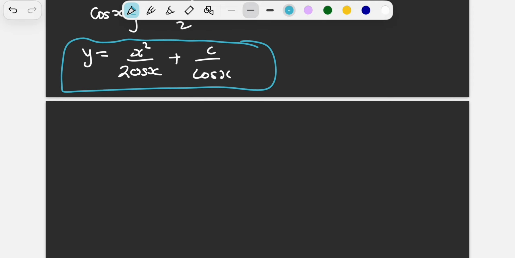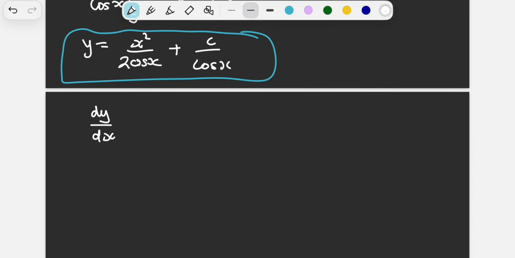But not all functions are going to be this easy. Some functions are not actually exact differentials, okay? An easy example that you can notice is if I were to give you an equation like this: dy over dx plus y tan x is equal to sec x. If you look at this, you can be like, I'm seeing y over here, I'm seeing dy dx.